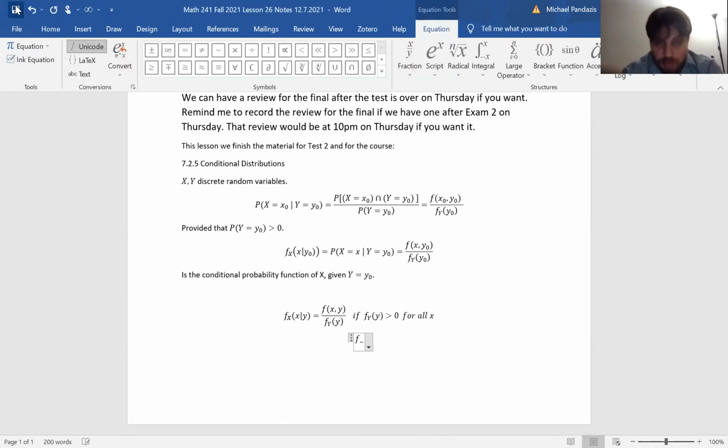F sub Y given X of y given x is equal to f of x comma y divided by f sub X of x, if f sub X of x is positive for all y.